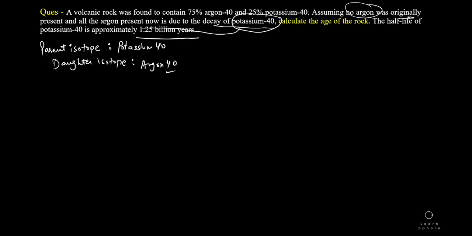Now, according to the question, it has 75% argon 40 and 25% of potassium 40. So potassium 40 is 25% and argon 40 is 75%. Clear? And we are assuming no argon was originally present.